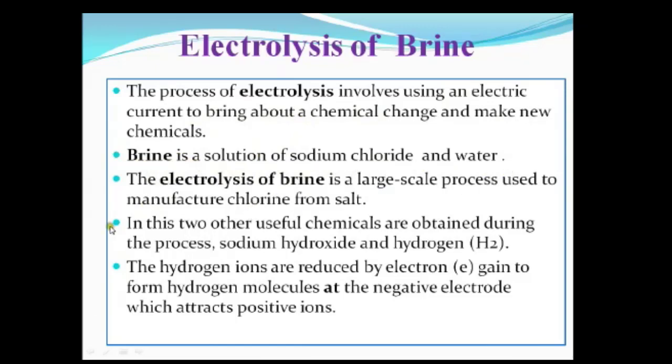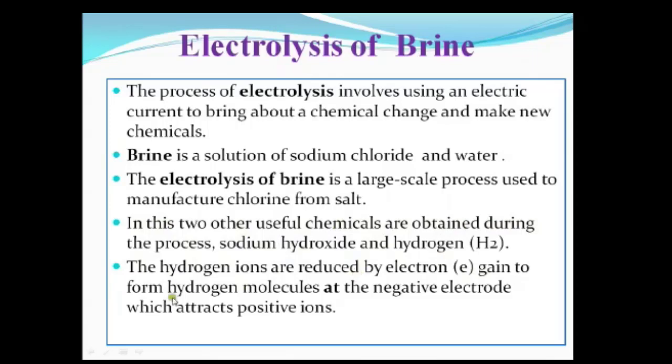So the electrolysis of brine is a large scale process used to manufacture chlorine from the salt, and there are two other products also formed during this process. These two other useful chemicals obtained during the process are sodium hydroxide and hydrogen gas.